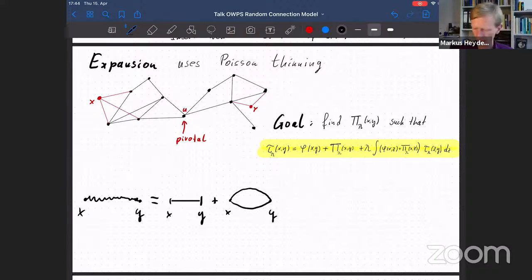That's a double connection. And the third possibility is that they are connected, but neither of the two we have already. That means there is a double connection to some pivotal point, and that's the first pivotal point. And from there, we are connected to y.